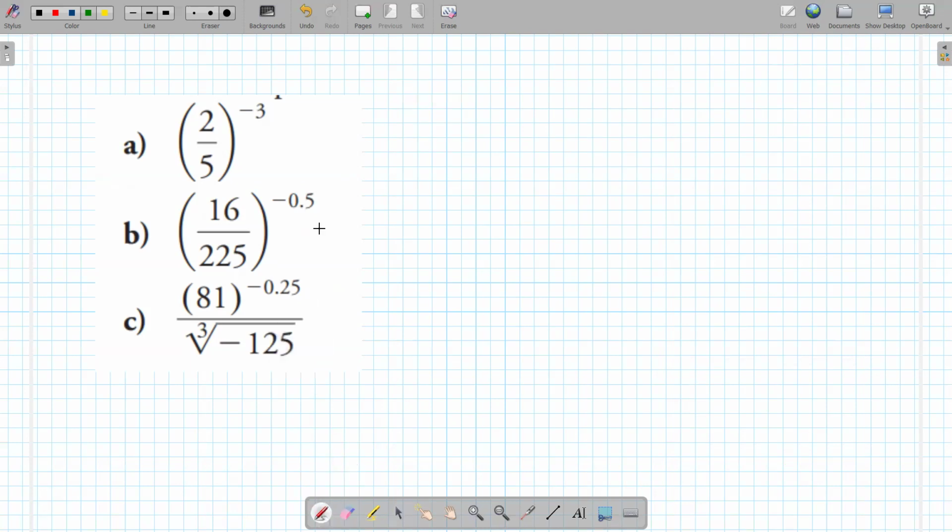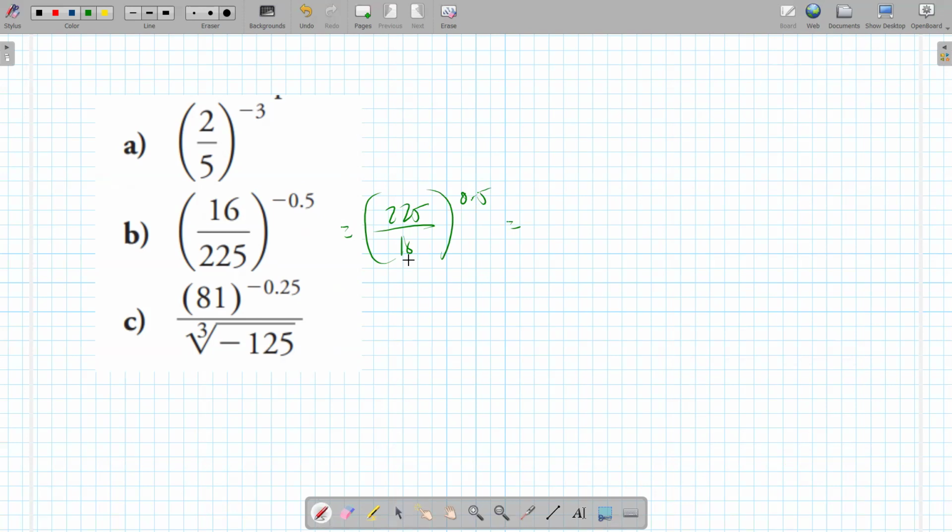What about B? What do we do? You flip the fraction again. So 225 over 16 to the 0.5. What now? Are we done?